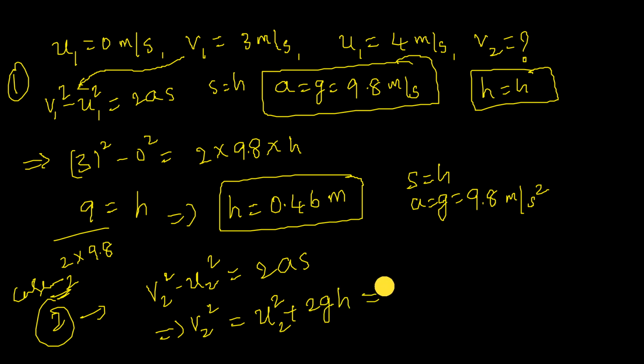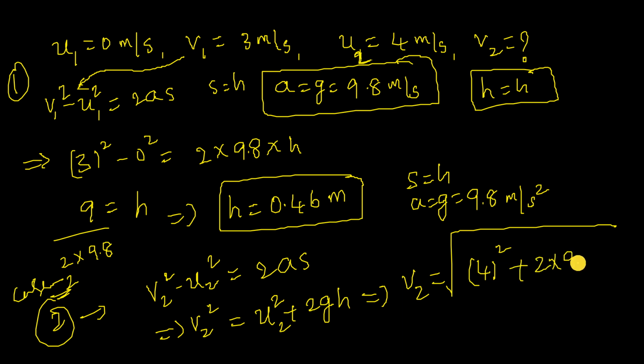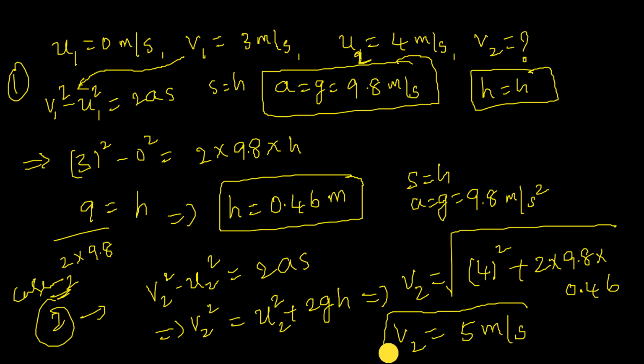From here v2 equal to root over u2 square plus 2gh, that is 4 square plus 2 into 9.8 into 0.46, which you already got. If you do this calculation, you will get v2 as 5 meters per second.